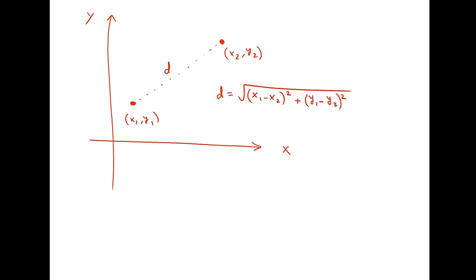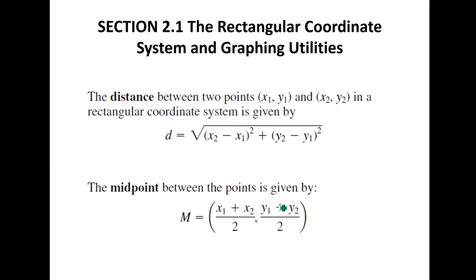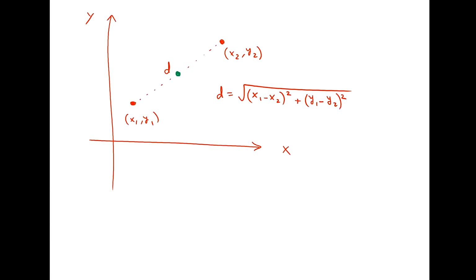Okay, now we can also find the midpoint. The midpoint is the point between the first point and the second point. We can compute it by this formula: the summation of the x coordinates over 2, and the summation of the y coordinates over 2, denoted by m.